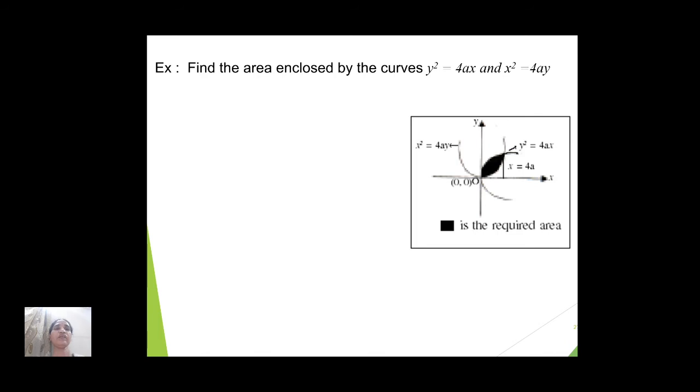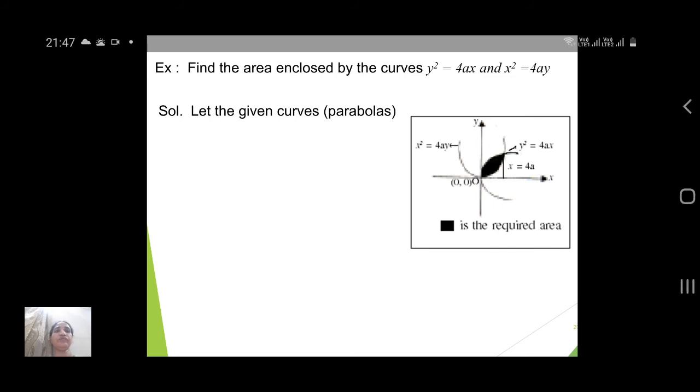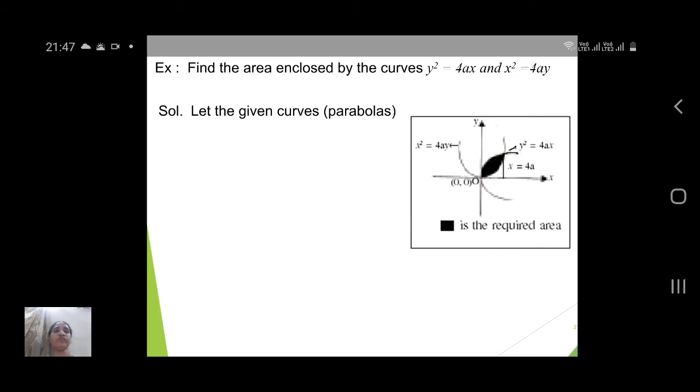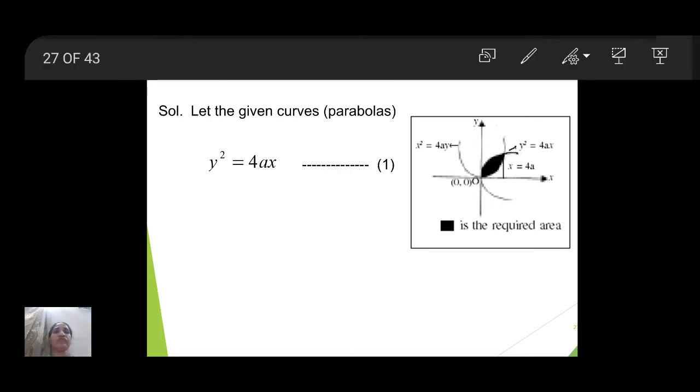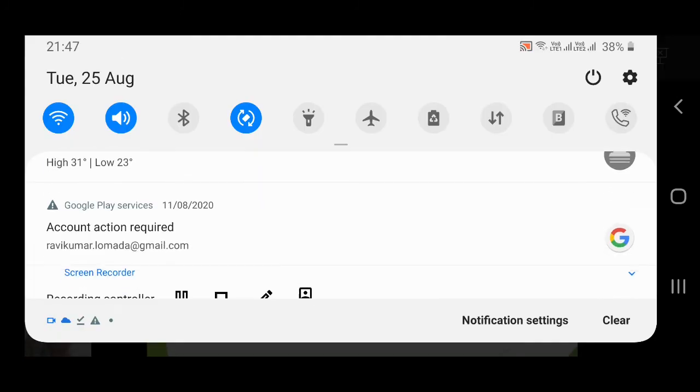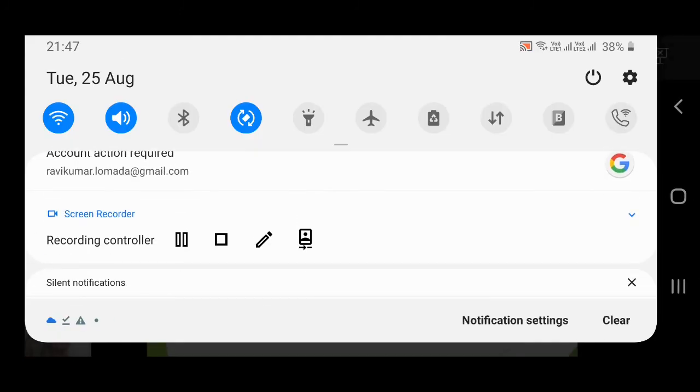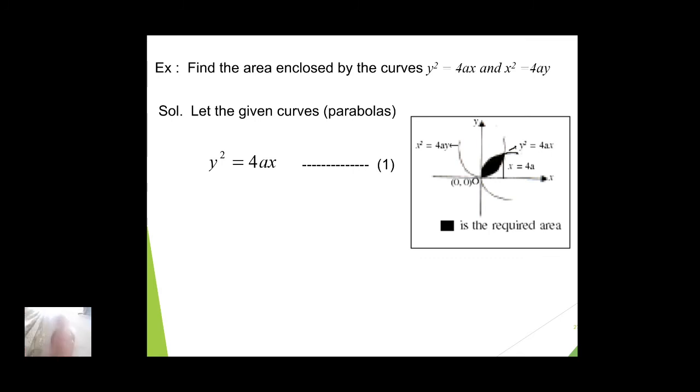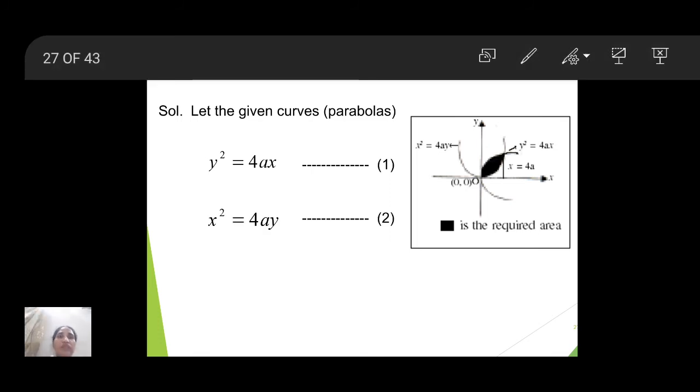Find the area enclosed by the curves y square equal to 4ax and x square equal to 4ay. Let the given curves be y square equal to 4ax and x square equal to 4ay.